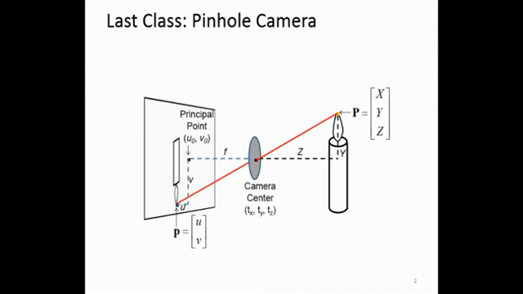So if our camera is in world coordinates, then the equation is just u equals fx over z plus u naught, and v equals fy over z plus v naught. And we can write that as a homogeneous system of linear equations.